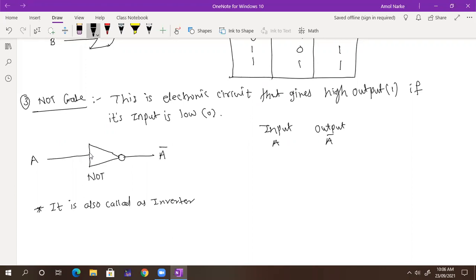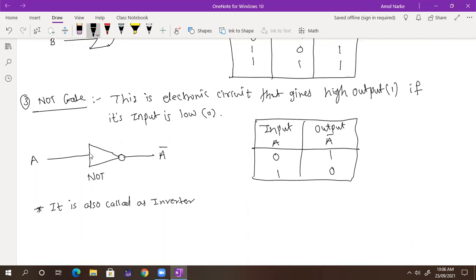When we have 0, it goes to 1. When we have 1, it goes to 0. So this is what we have for the NOT gate. Everyone understand that?